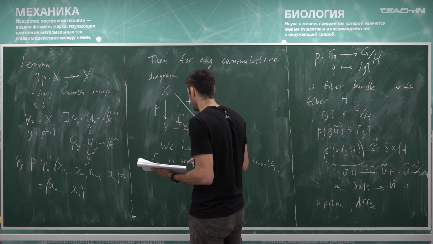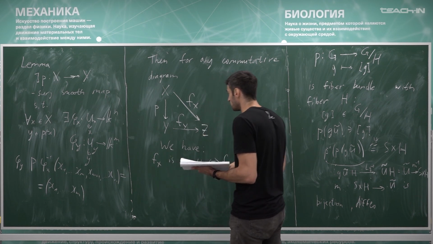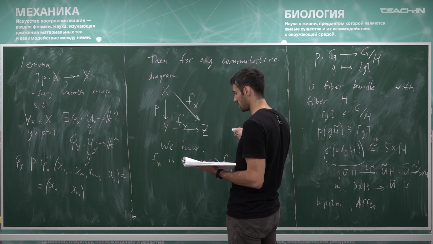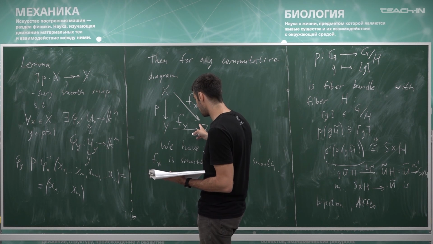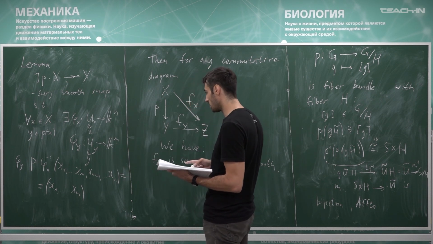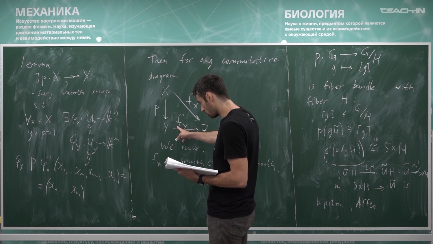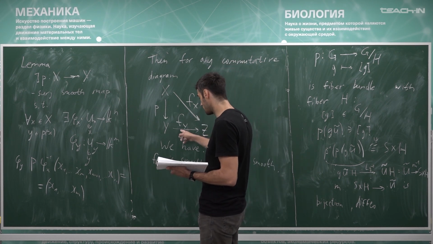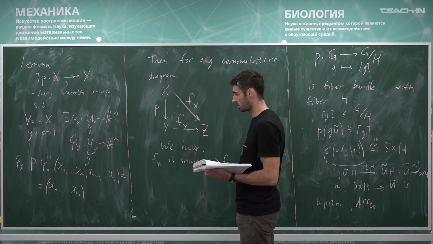And the other direction is also clear, right? Because if f y is smooth and p is smooth, then f x in coordinates is just the value of f y in coordinates, the value of f x when we forget about the last coordinates.